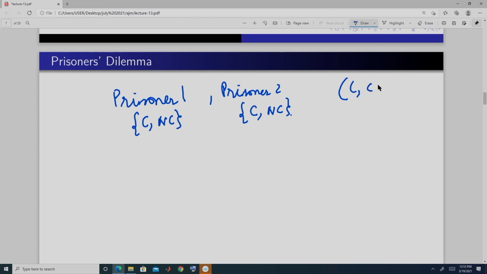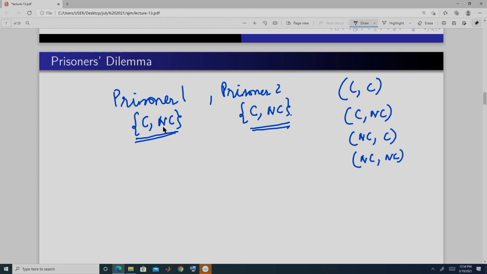So, the combinations are CC, then C, not C, then not C, C, and not C, not C. Okay. So, there are 4 possible combinations from these two actions. These are called the action space or strategy space, and these are the combinations of each element from this strategy or action space.